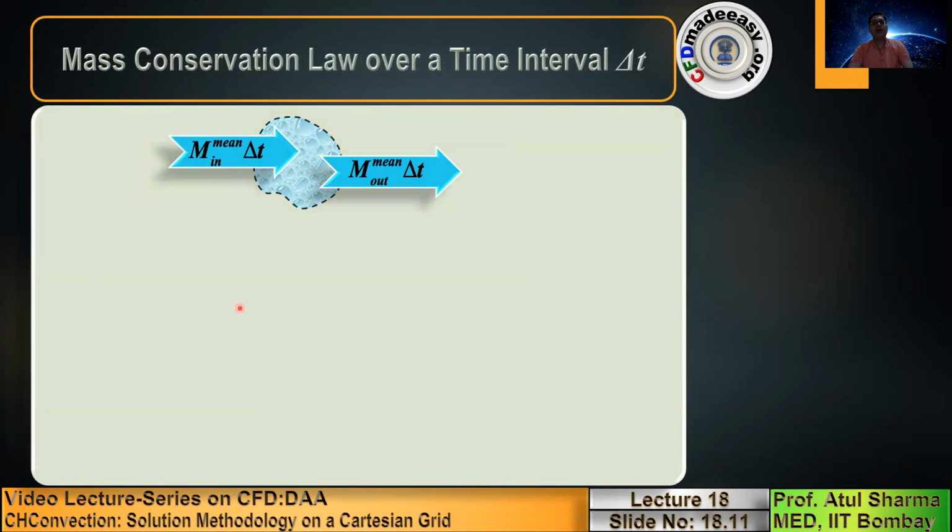The mass conservation law is presented here for an incompressible flow over a time interval delta T. Note that the lecture series presented here corresponds to CFD for incompressible flow, and for incompressible flow the density disappears from the mass conservation equation.